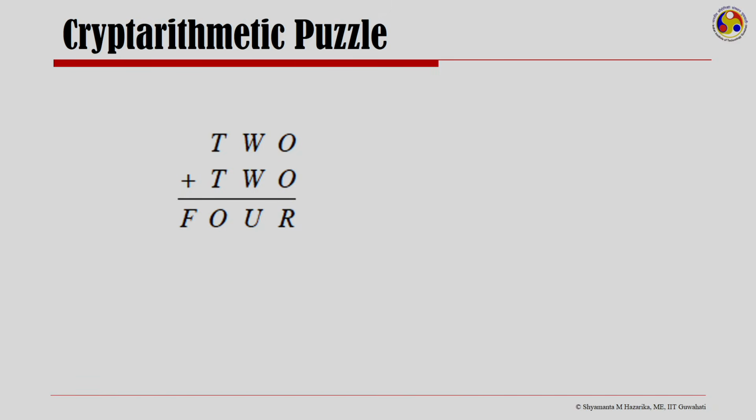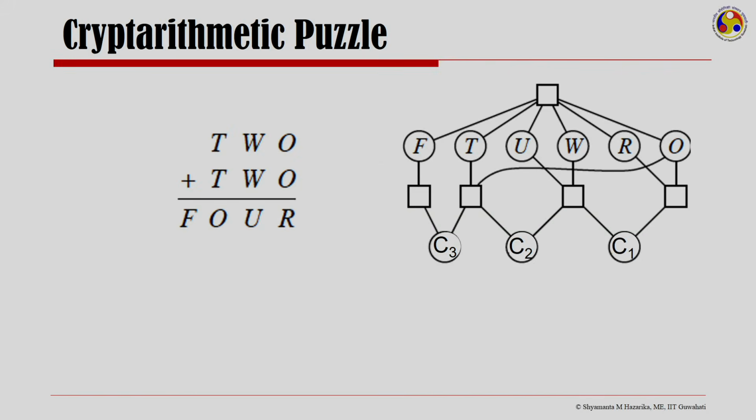So, here is the cryptarithmetic puzzle, 2 plus 2 is 4. On your right is the hypergraph. We could see that the 6 variables F, T, U, W, R and O are all together constrained, and C1, C2, C3 are the carryovers possible at these columns.